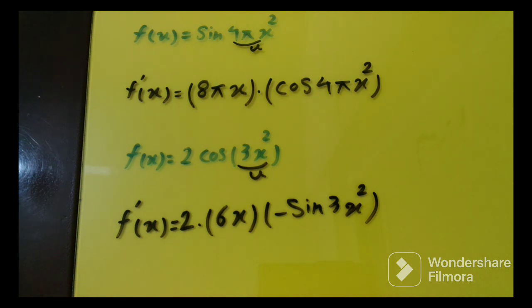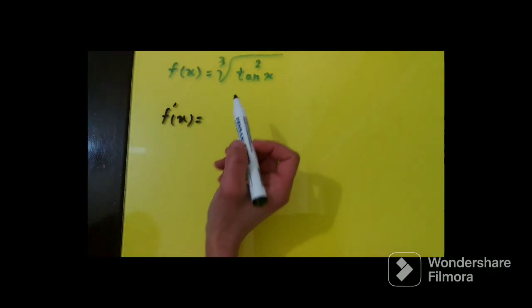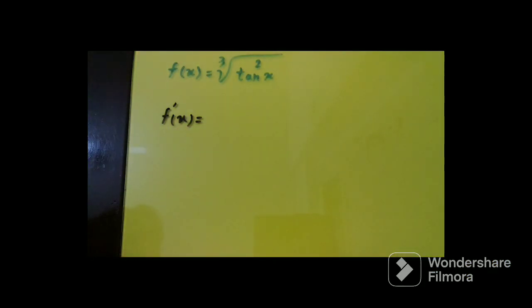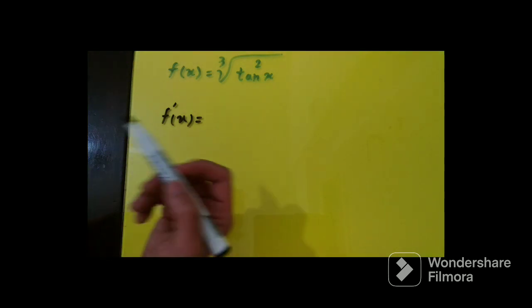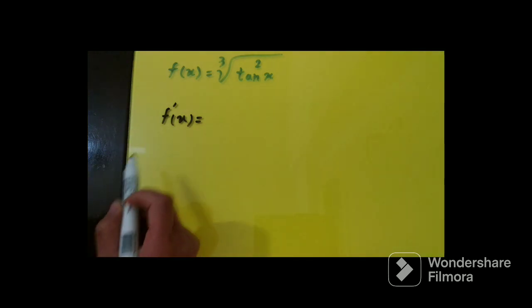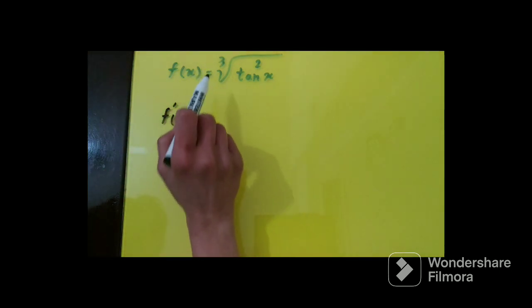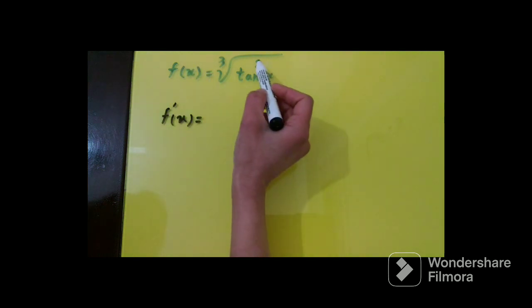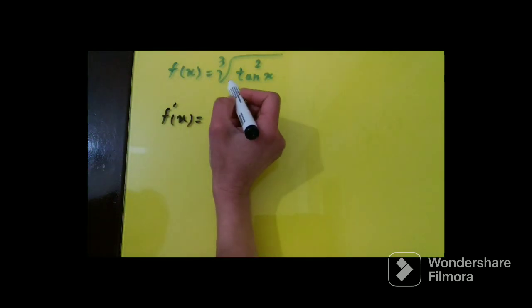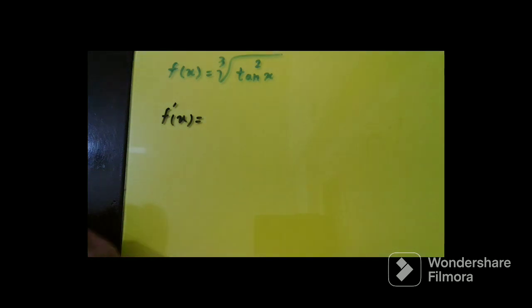Next problem. Okay guys, this example is a radical function. I explained how to get the derivative of radical functions in the last video. According to the rule, m is 3, n is 2, and tangent x is u.